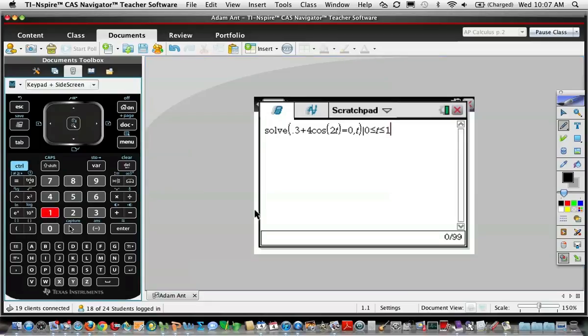Yeah, it was 1.5, 1.7, because we know it happens somewhere in there. That's what we just said on number 6. Since I have a decimal in there, it should give me a decimal answer, and there it is. So that's an answer you need to be able to find.